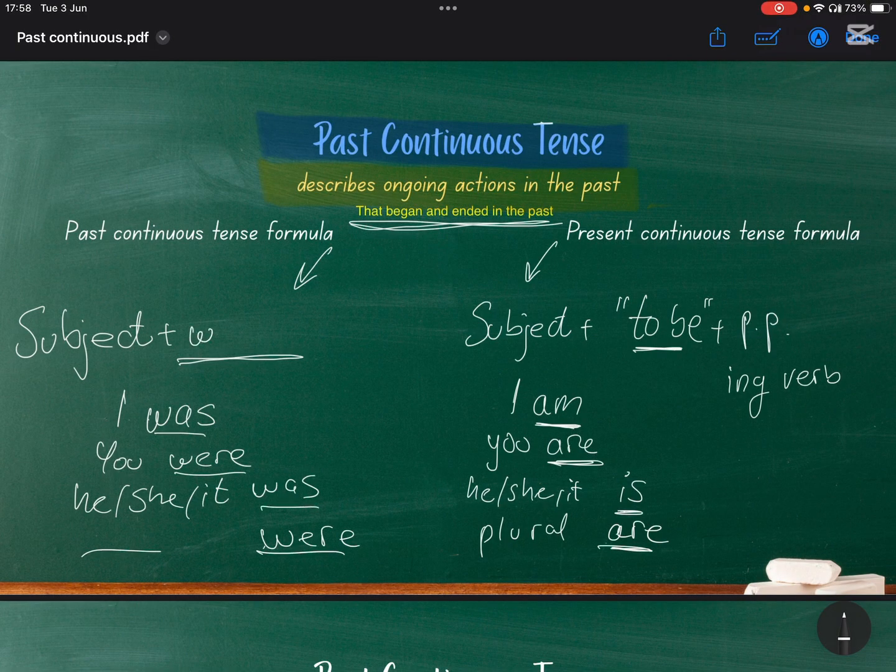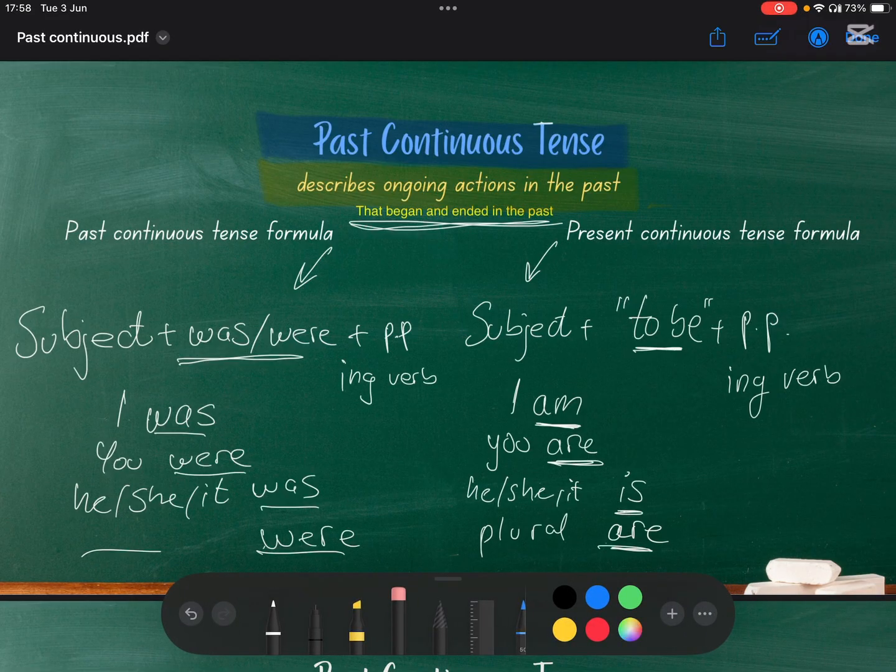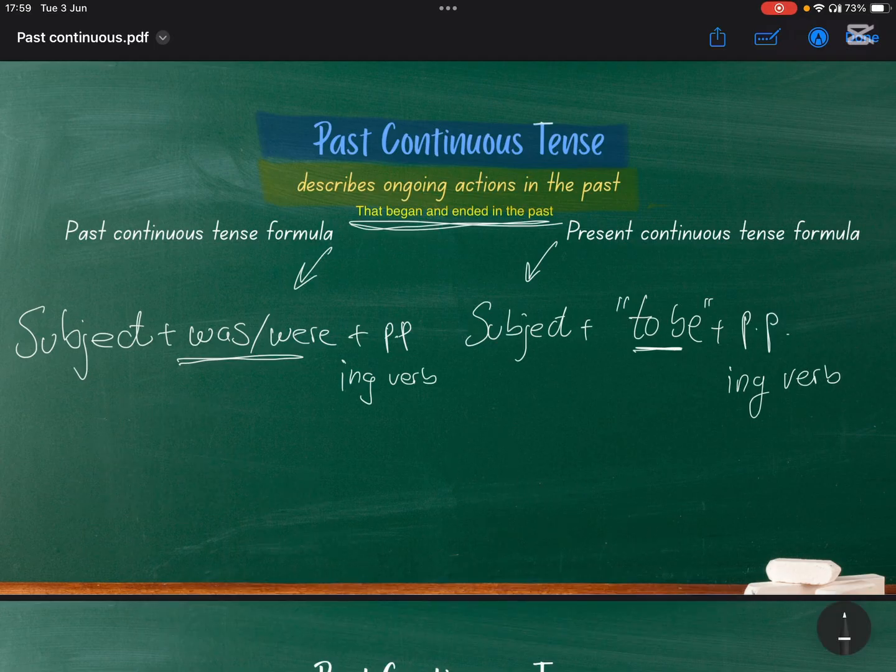So I say subject plus was or were plus the present participle or ing verb. I will write a few examples and it will get more clear. Example, we follow the formula subject I, the verb to be, am, and an ing verb, I am reading a book.